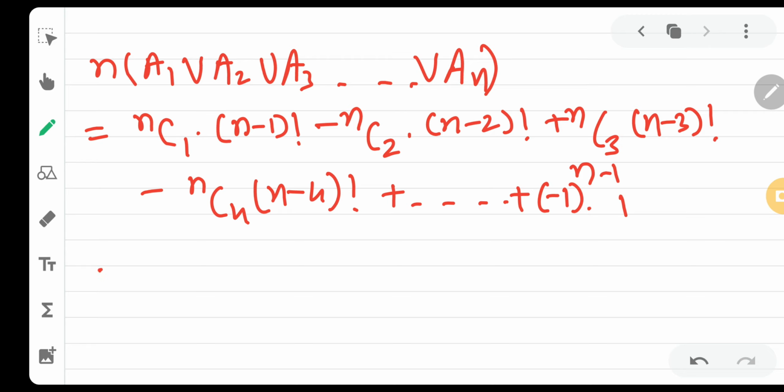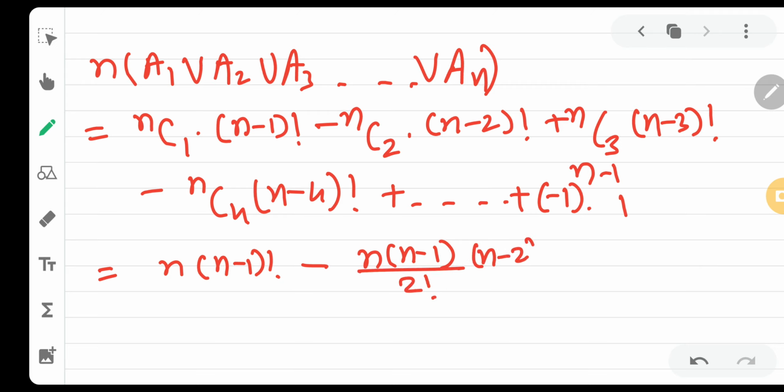You can very simply simplify this. nC1 is n into n minus 1 factorial, right? And then nC2 is n into n minus 1 upon 2 factorial into n minus 2 factorial.